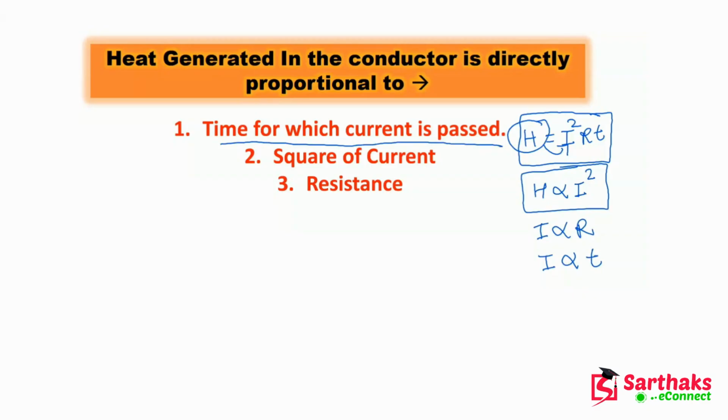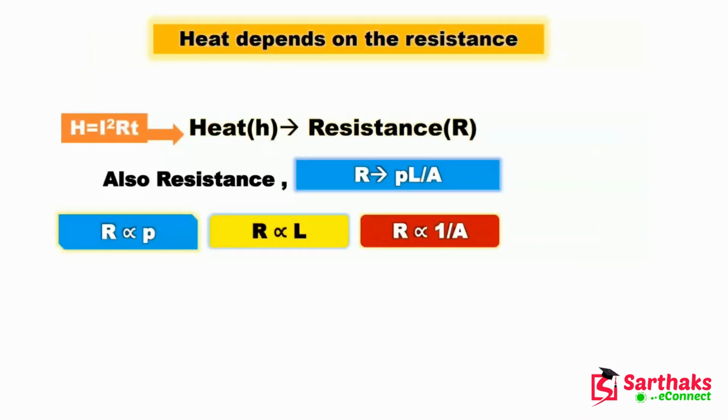So these are the things on which the heat generated in a conductor is dependent. Now let's move on to the next slide and try to understand how we can design a heating coil.